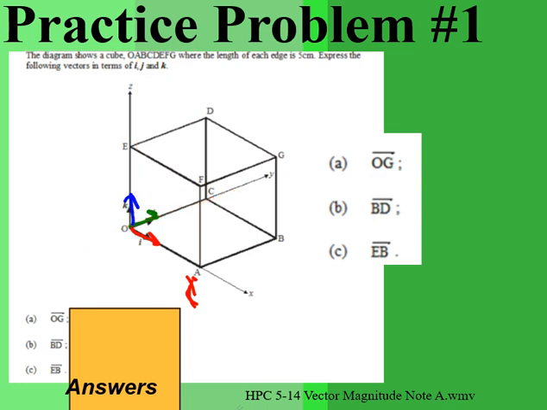All right, so to get to OG, that's this guy, I'd have to go, for instance, O to A, and that's along the I axis, so you'd say 5I. You have to go 5 in the I direction. Plus, you'd have to go 5, of course.